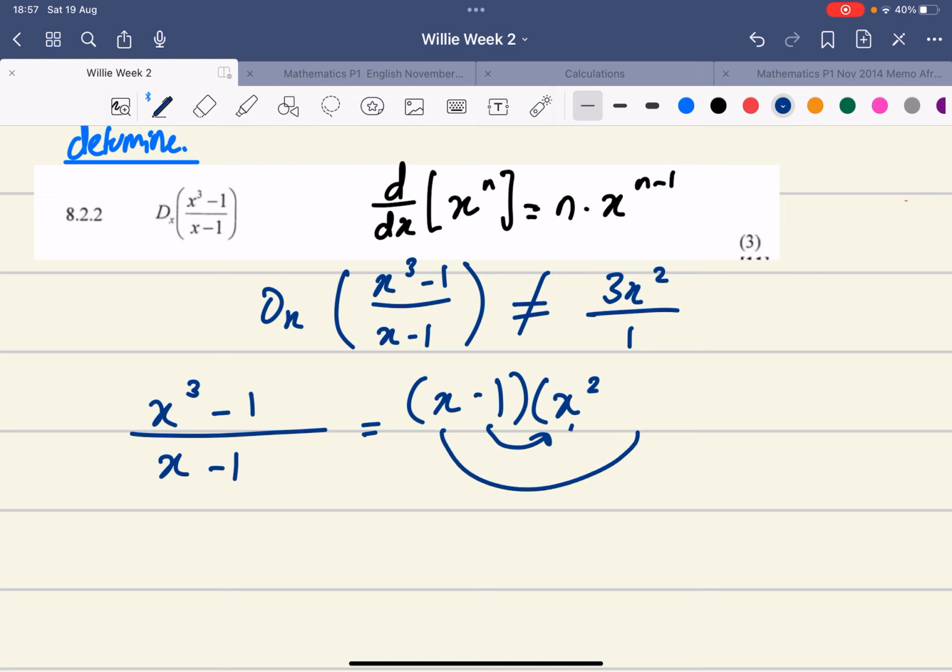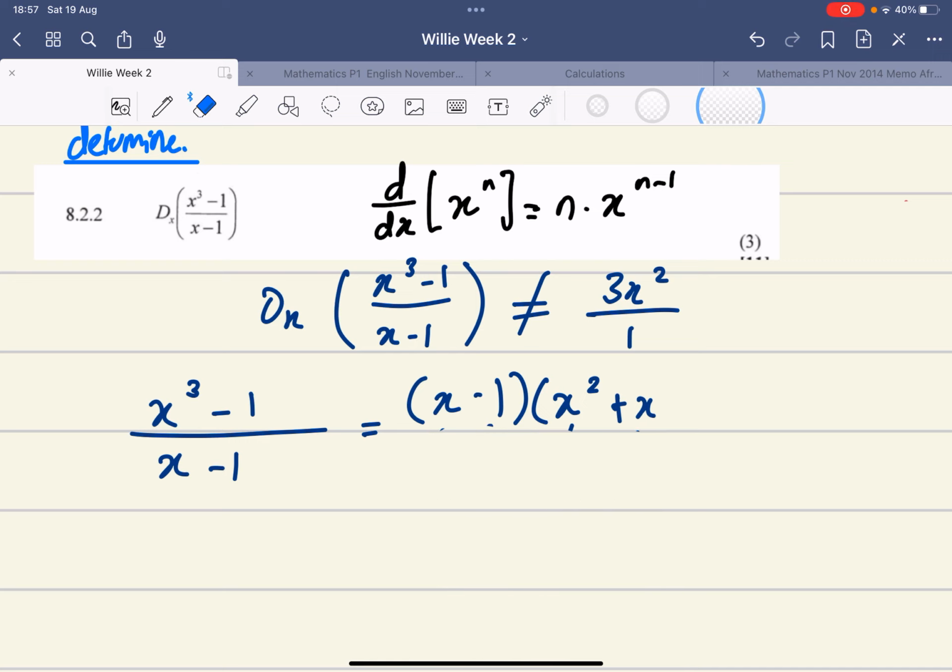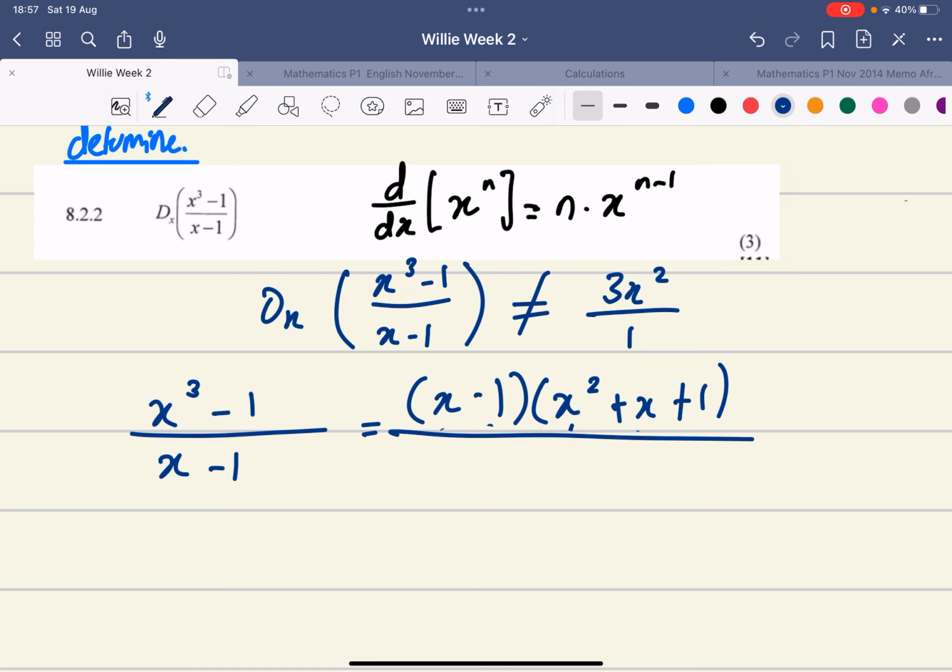So we have to have a positive x in order to negate that negative x squared term. And minus 1 times what is going to give us minus 1? Well, plus 1. Now we've simplified that.